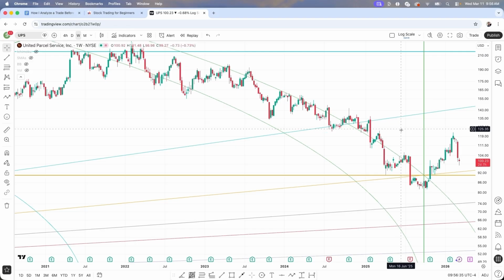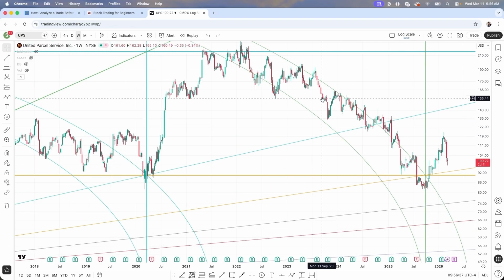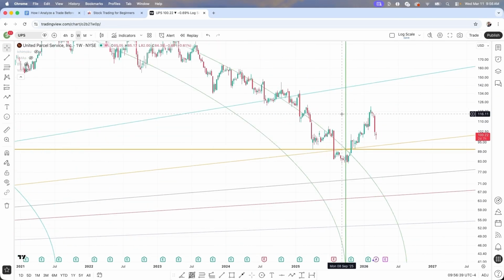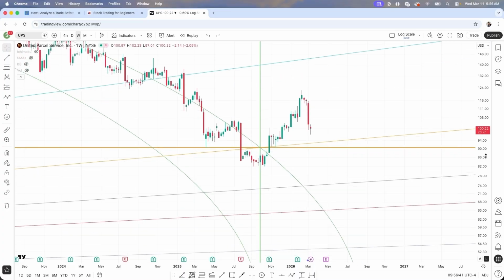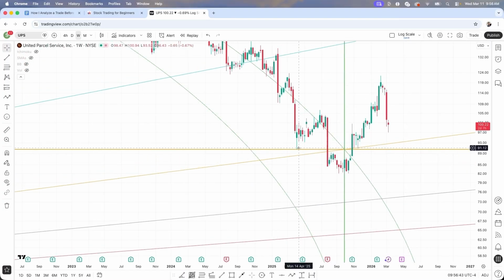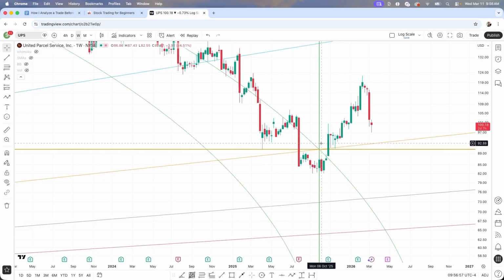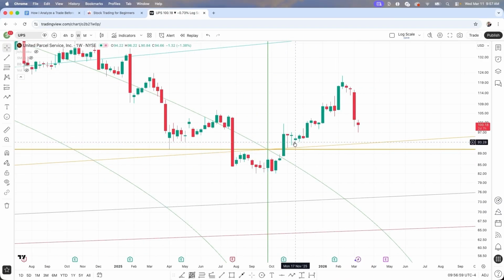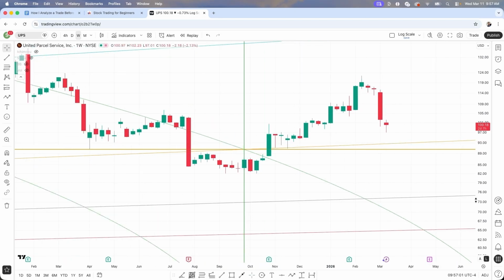So the market symmetry with this particular Gann square has been quite good. Although UPS didn't stop directly at this 90.54 level, it certainly came into this zone and further down a little bit, but this zone had acted as support in the past, and we can clearly see that it's been quite symmetrical with the current price.